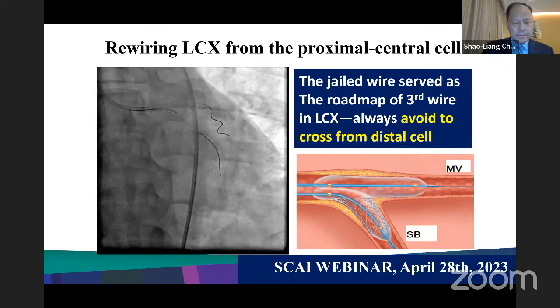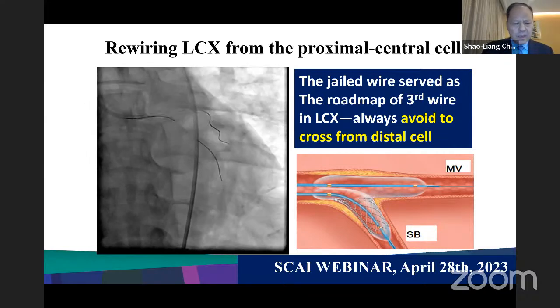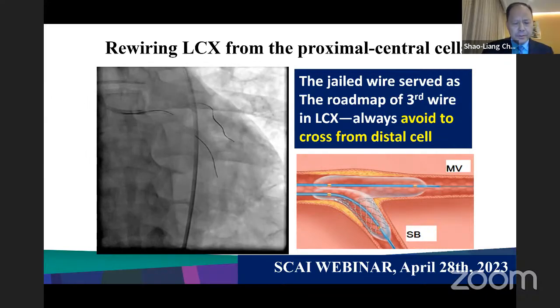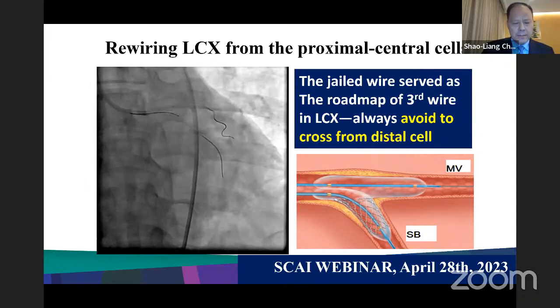This is very important because the LCX stent has been crushed much more. Actually, the proximal cell is pretty small and irregular. Usually we can rewire from the proximal to middle cell. But the key point is to avoid rewiring from the distal cell, because after the balloon crush there is a gap between the side stent and the carina.